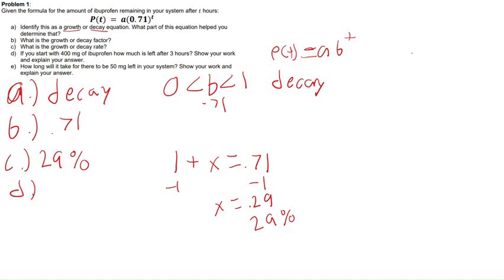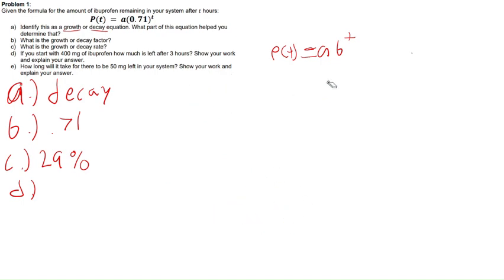Now for D, if you start with 400 milligrams of ibuprofen, how much is left after 3 hours? Let's first set up the equation. We'd start with the initial value, which is 400. We have the factor right here, and then we have the time right here. So this is really easy. We just got to plug this into our calculator.